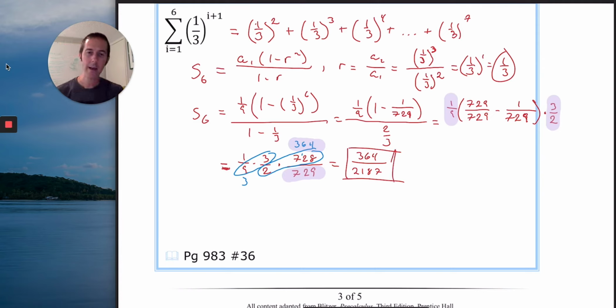and I can be confident that there's no more reducing to be done because I did all of my reducing in the previous step. The 3 over 9 reduced, the 728 over 2 reduced, and then I looked at what I had left. I was mindful of the fact that my 3 in the denominator is an odd number. I remembered that my 729 was made of all 3s.